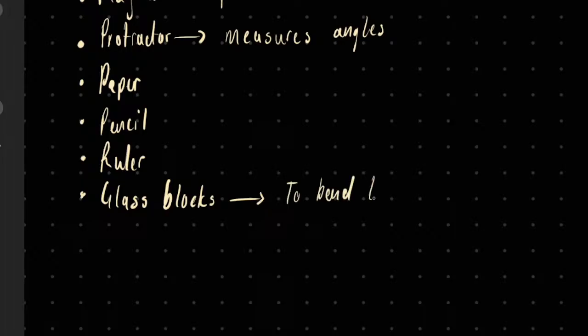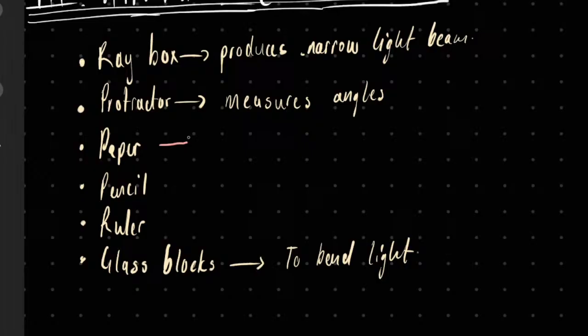It's pretty much the same thing as reflection, but the only thing is there is no mirror. We need a glass block. Paper is for drawing rays.